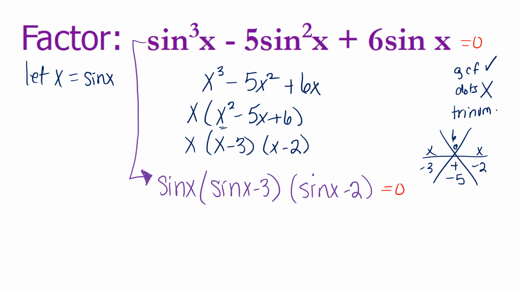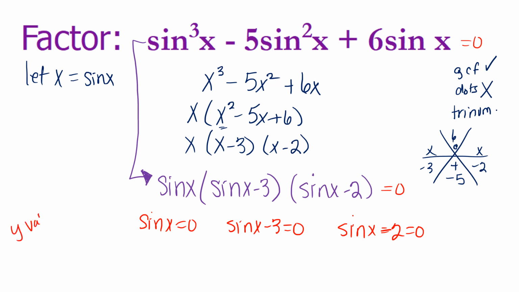So factor first, and then you would set each factor equal to 0 and solve for them with their values around the unit circle. We will learn how to do some that are not on the unit circle, but we're going to start with these first. So sine of x equals 0. This means, where does the y value equal 0 on the unit circle?